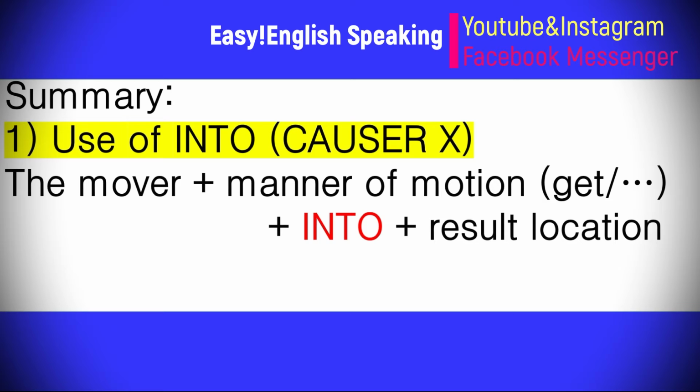Or the fish gets into the boat, or the fish flies into the boat, or the fish jumps into the boat, right? These are all related to the use of into when the causer is not present, when the motion was caused by the mover itself, right?